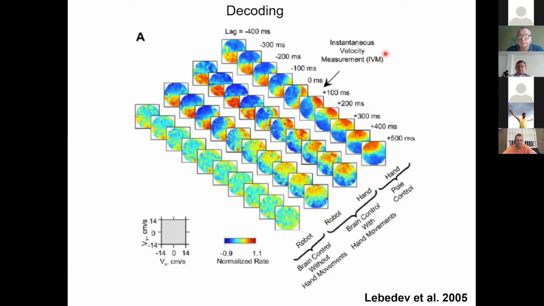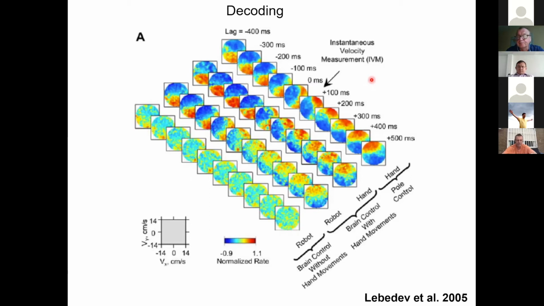A few more words about directional tuning and preferred direction. It appears that it is not fixed, like one cell prefers movement to the left. What do I mean by this? Here, this is a little bit complicated slide.